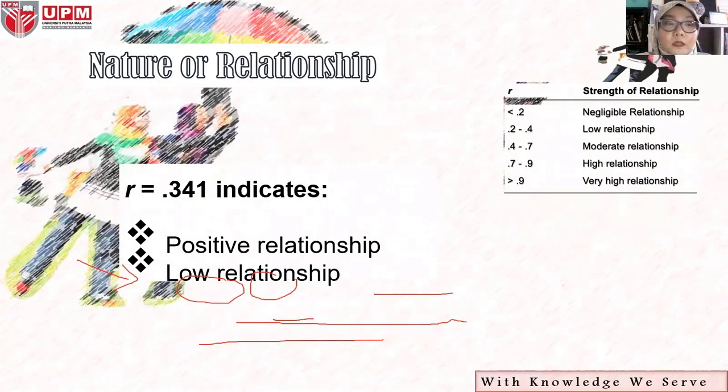Based on the R correlation coefficient 0.341, it indicates that there is a positive relationship between task-oriented coping and philanthropic behavior. And by referring to the Guilford rule of thumb, 0.341 falls within the second range, which is a low relationship.